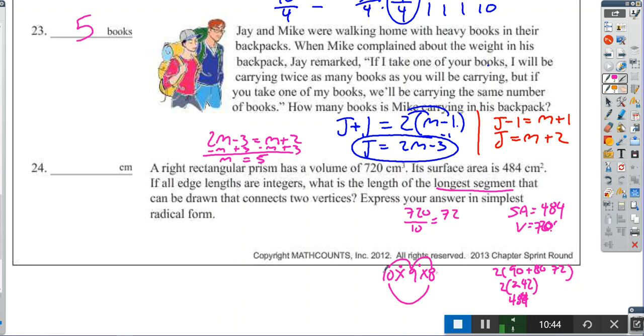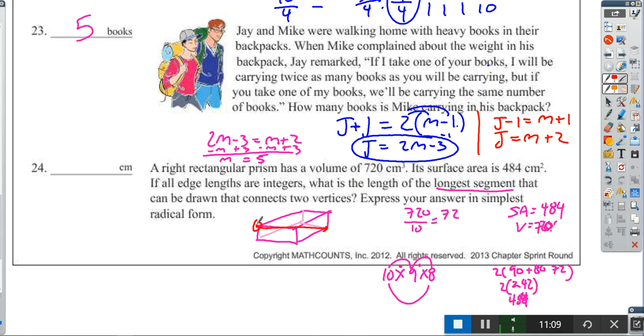So I know these are the right dimensions, which means I have this nice prism and I'm being asked to find the long diagonal. And the long diagonal is going to be from here all the way to here. Now, obviously, there are 4 ways I could do it, but let's just go with it.